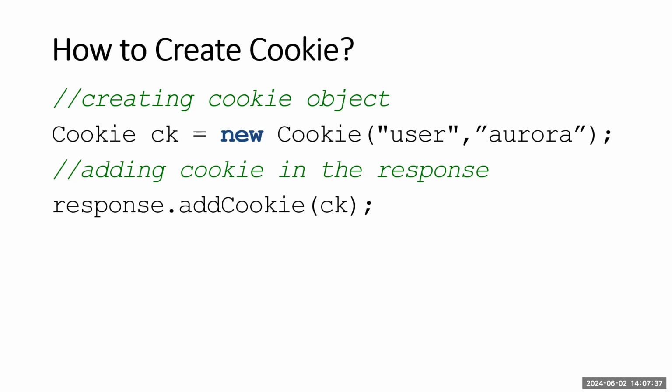It must be plain text. And then to the response, you can add, the response has a method called addCookie. To that, you can send your cookie object as a parameter. So then when the response is sent to the web browser, the browser will get the cookie and add it to the browser's cookie store. Okay.